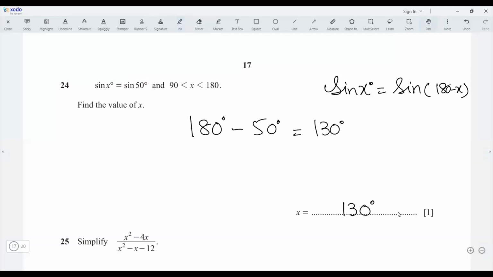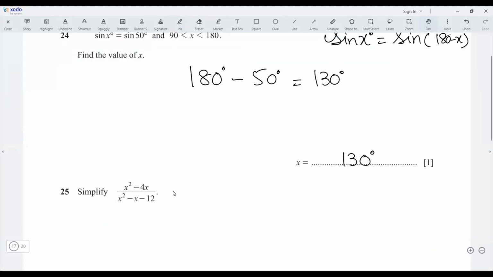Moving ahead to the next type, this is an algebra question. We have to do factorization in the numerator as well as in the denominator in order to simplify. What's common in x squared and 4x? We have to take x as common, so inside the bracket x minus 4. Doing the mid-term break in the denominator, 12's factors which, if you subtract, give 1, are 4 and 3: minus 4x plus 3x minus 12.